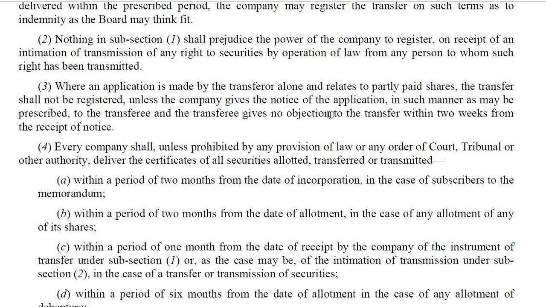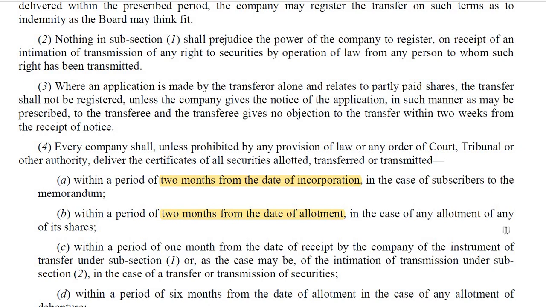Every company shall, unless prohibited by any provision of law or any order of court, tribunal or any other authority, deliver the certificates of all securities allotted, transferred and transmitted within a period of 2 months from the date of incorporation in case of the subscribers to the memorandum, within a period of 2 months from the date of allotment in the case of any allotment of its shares.